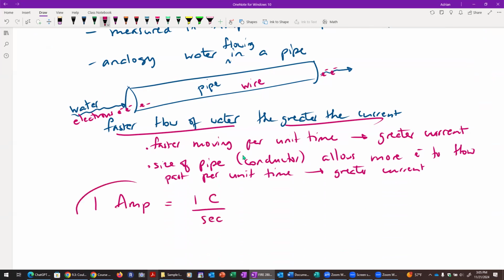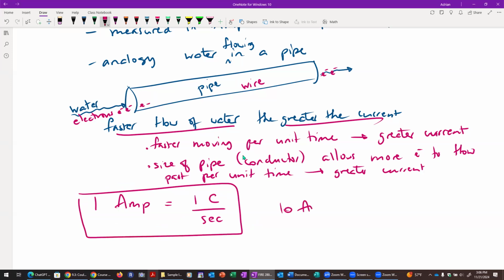That is what an ampere means: 1 coulomb per second. So 10 amps would be 10 coulombs per second, and 100 amps, 100 coulombs per second. That gives us an idea of how much of that charge is passing per second. The higher the amperage, the greater the current.